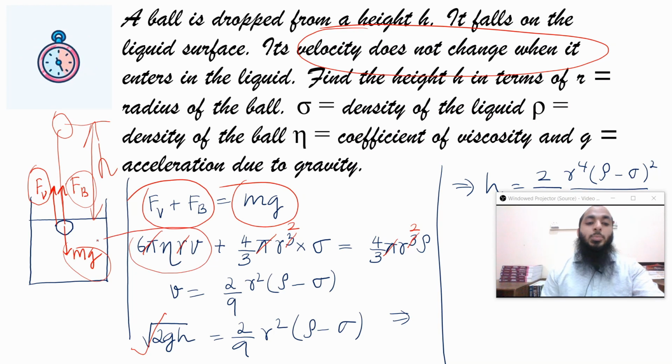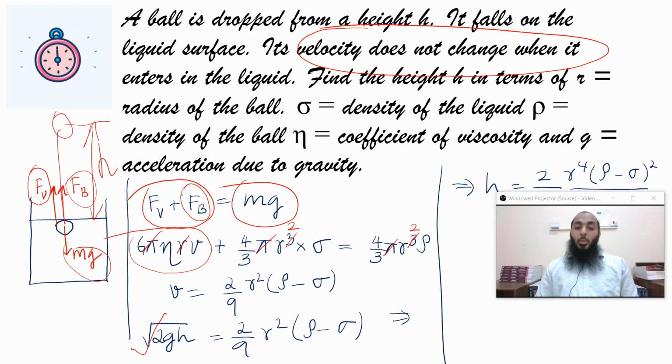Fv is equal to 6 pi eta rv, where r is the radius of the ball and v is the velocity with which the ball is falling, and eta is the coefficient of viscosity inside that medium, plus Fb. Fb is what? It is the buoyant force. Buoyant force will be the weight of the liquid displaced.